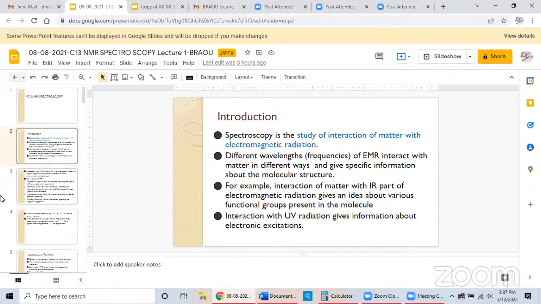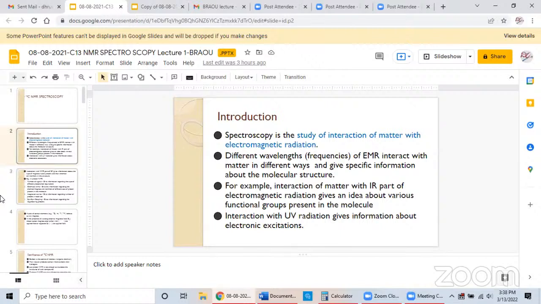And another one, the magnetic moment, because when they are magnetic, they will have a specific magnetic moment. That magnetic moment of carbon is about 1/4 of proton. So it's less than proton, and its sensitivity is low. Carbon 13 abundance is very low, and its magnetic moment is also about 1/4 of proton.